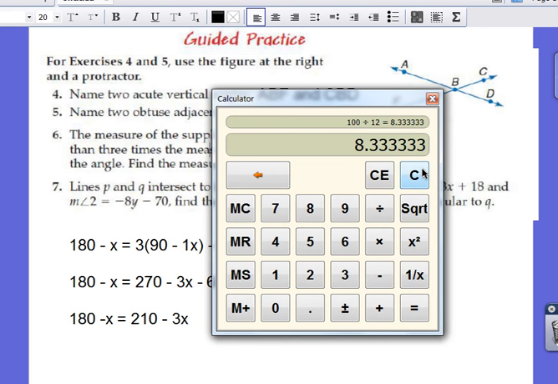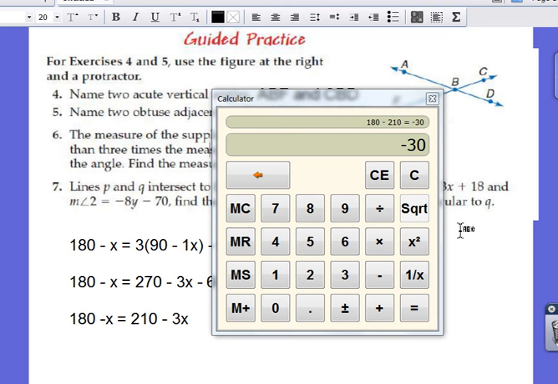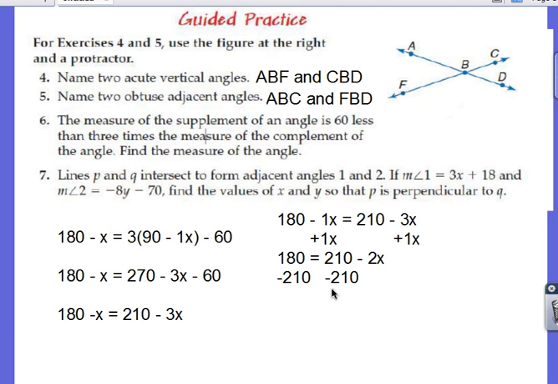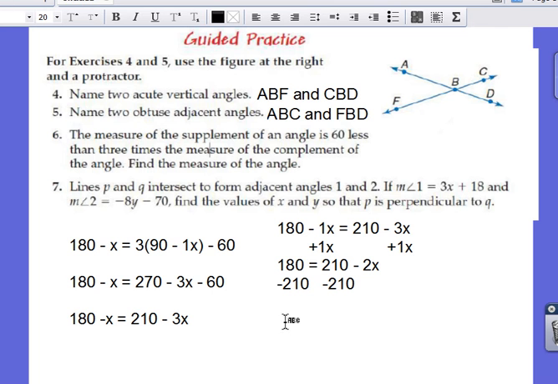So we got 180 minus 210, right, minus 30. Okay. And let's go back right here. So we said it was minus 30, not 30. Equals negative 2x.